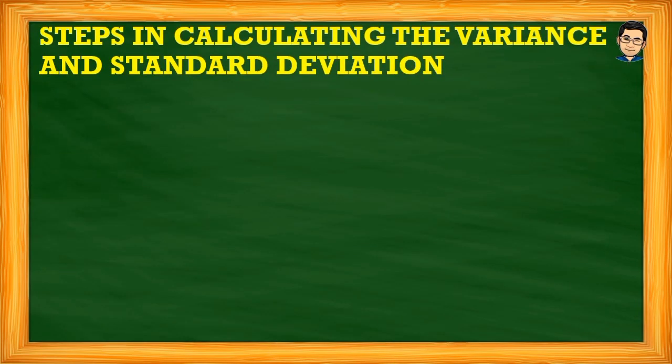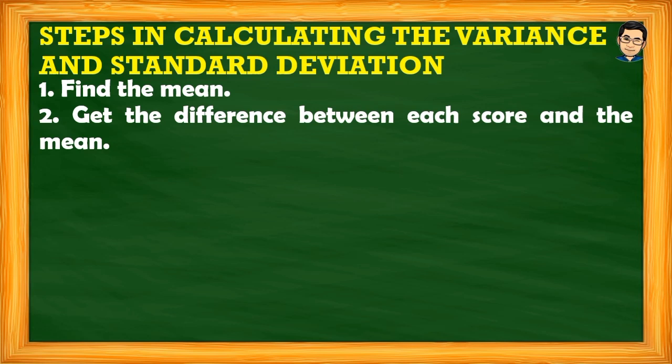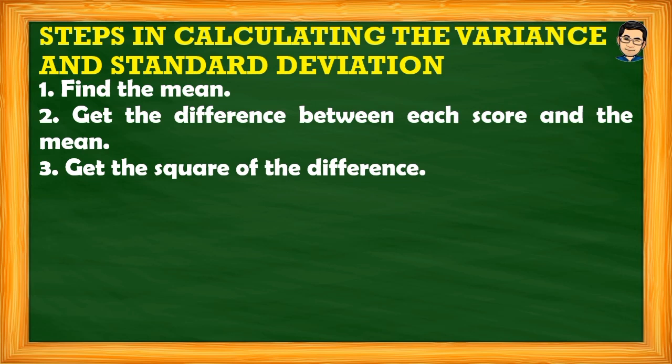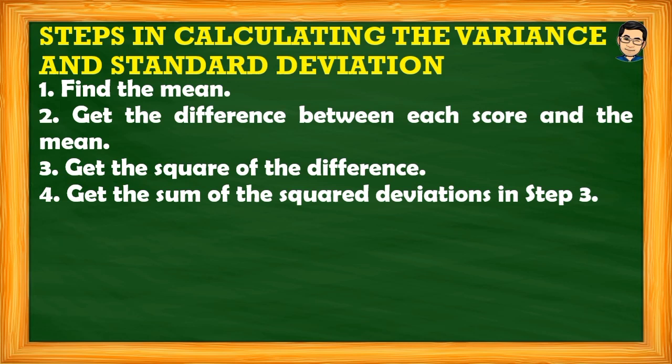So, these are the steps in calculating the variance and standard deviation. First, find the mean. Okay, it still has something to do with the mean, the average. And then, get the difference between each score and the mean. And then, get the square of the difference. And then, get the sum of the squared deviations in step 3.